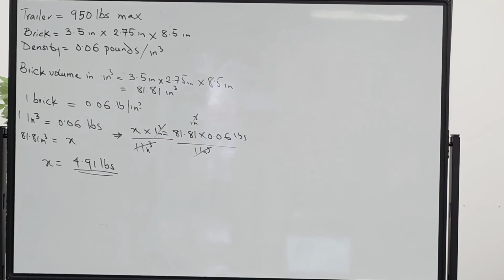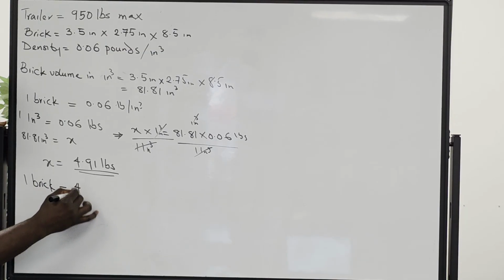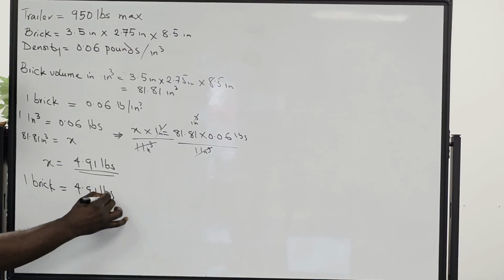So now let's see how many bricks we can put on this trailer that will not exceed 950 pounds. One brick weighs 4.91 pounds.